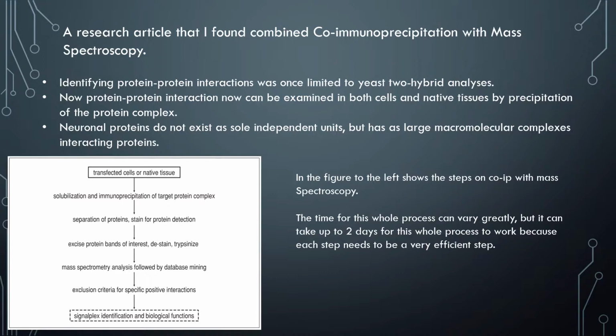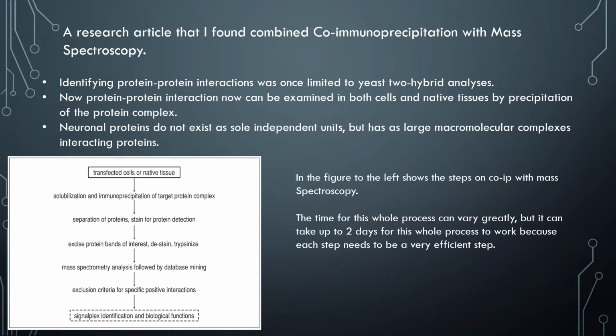Now, protein-protein interaction can be examined in both cells and native tissue by precipitation of the protein complex. Neuronal proteins do not exist as sole independent units, but as large macromolecular complexes of interacting proteins. The figure to the left shows the steps for the co-IP with mass spectrometry.